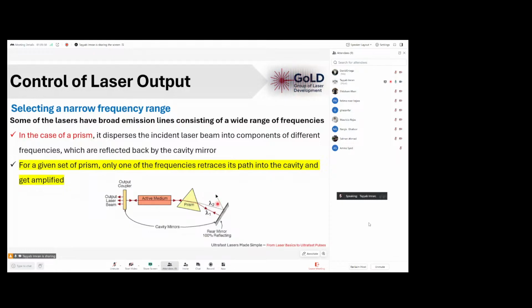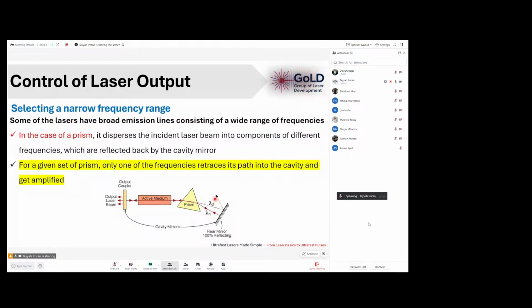This is the simplest demonstration of controlling the laser output. Usually this kind of arrangement is used in the argon ion laser. Other lasers' gain curves are not broad enough to have a number of wavelengths at the output. That is why it's for the argon ion laser.